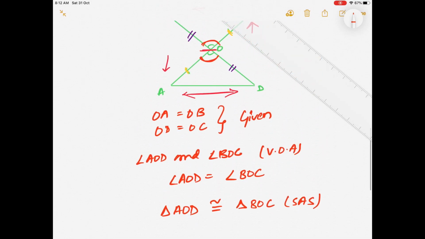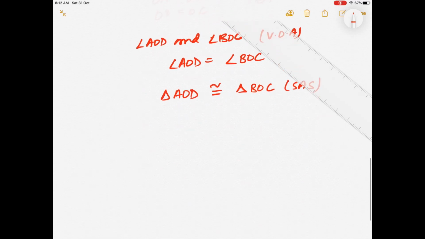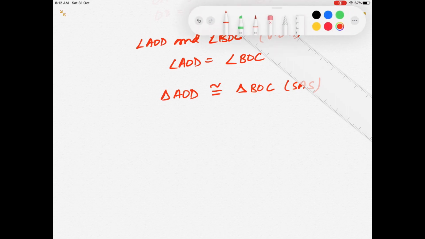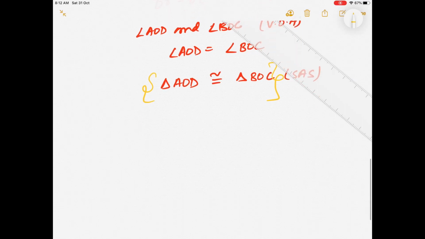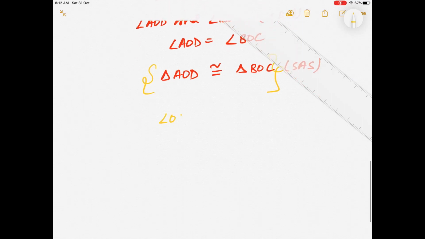Now we have to prove that AD is parallel to BC. In congruent triangles AOD and BOC, the other corresponding parts are also equal. If these two triangles are congruent to each other, every corresponding part will be equal to each other. So now angle OAD will be equal to angle OBC.